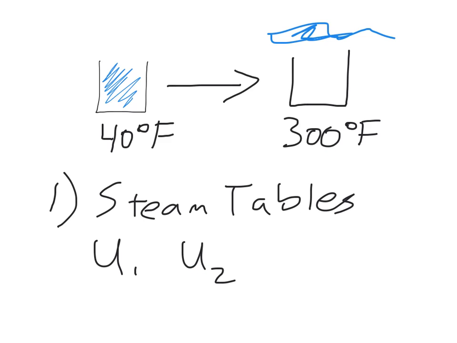And then I could also look up, and there's a section under there for subcooled liquids, 40 degrees Fahrenheit, and again atmospheric pressure for U1 here. And I could just take the difference between the two to find out the change in internal energy going from 40 degrees Fahrenheit up to 300 degrees Fahrenheit. So that's one way. Let me talk to you about another way.